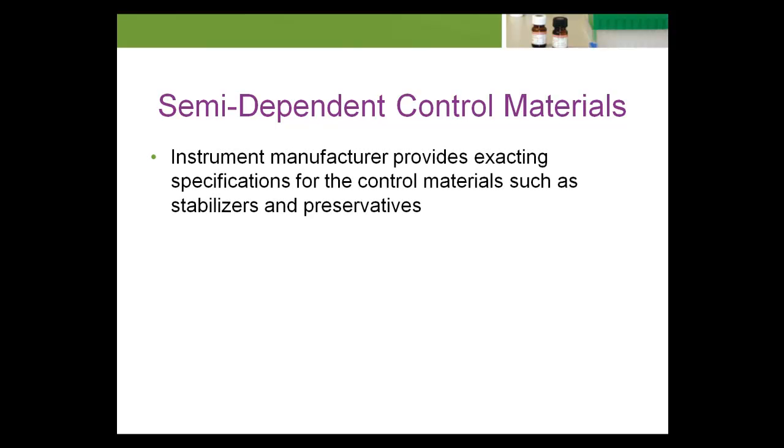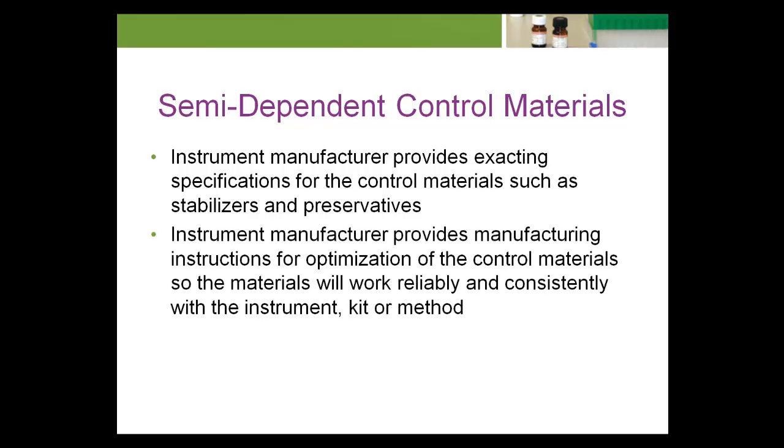This applies when the instrument manufacturer provides exacting specifications for the control materials, such as stabilizers and preservatives, or provides manufacturing instructions for optimization of the control materials, so the materials will work reliably and consistently with the instrument, kit, or method, or any combination of the above.